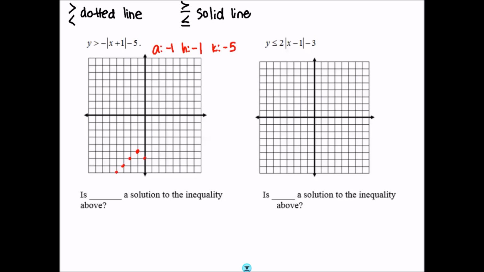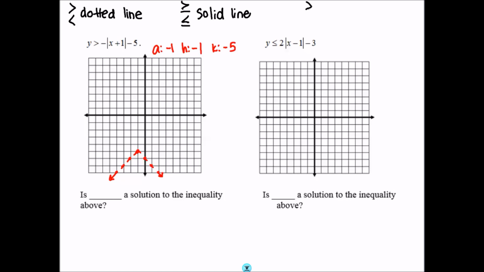So I need to go over 1 and down 1. Now before I connect these points, since I have y is greater than, I have a greater than symbol, that means I'm going to use a dotted line. Now for the shading. You need to look at the direction of the shading, whether it's greater than or less than.